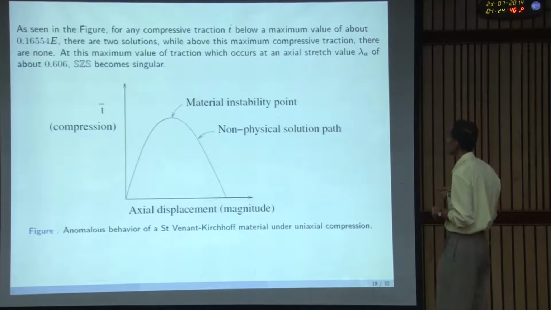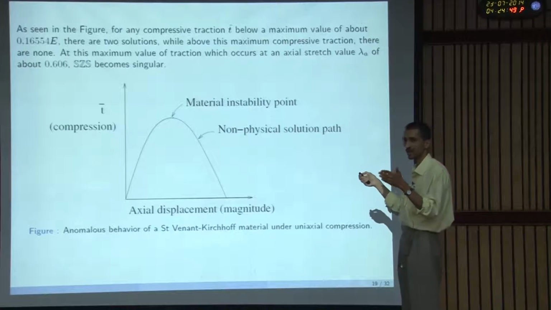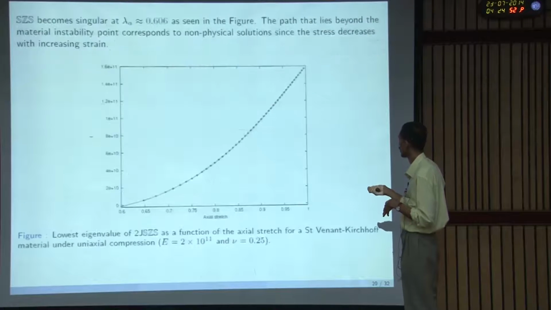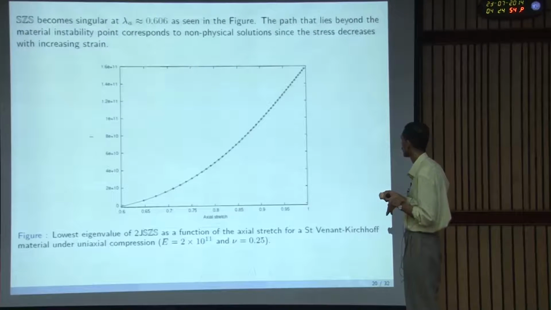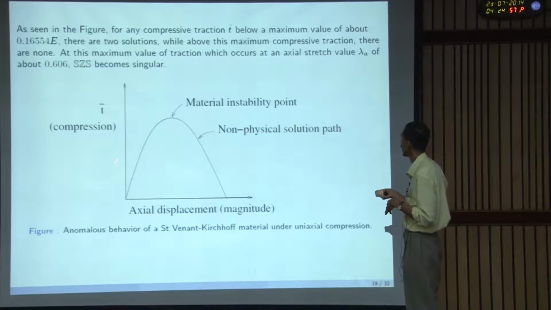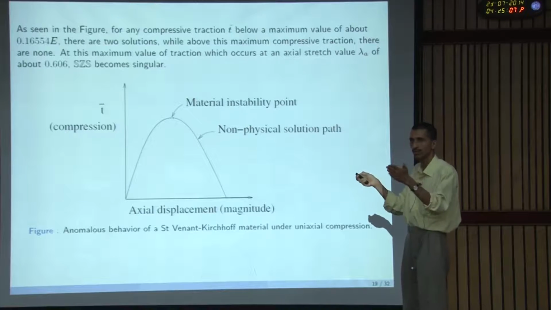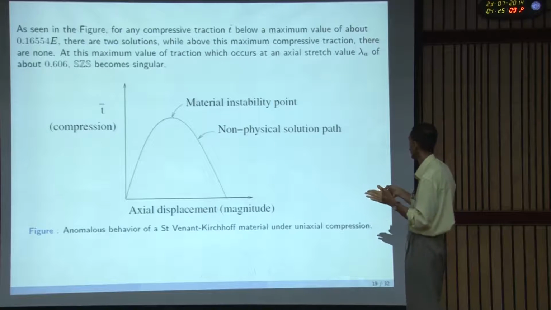If you keep on increasing the compressive load, what happens is shown here. You can see that this is the compressive load. As you keep on increasing the compressive load, the axial displacement keeps on increasing up to a certain point.